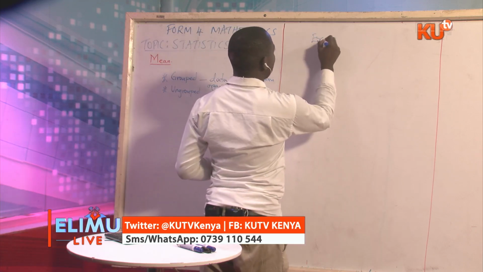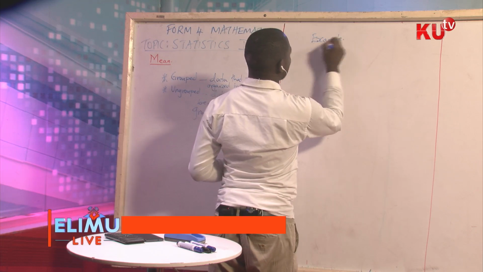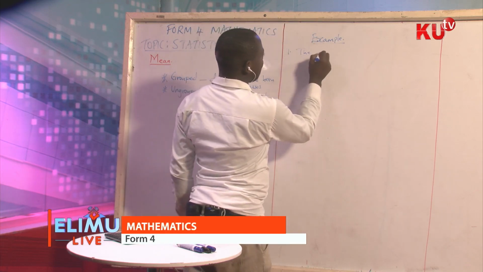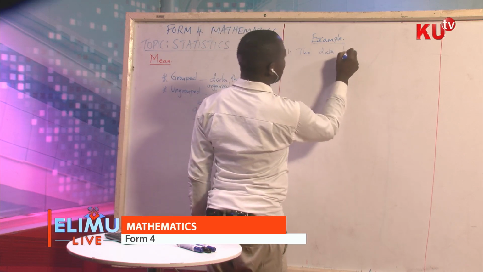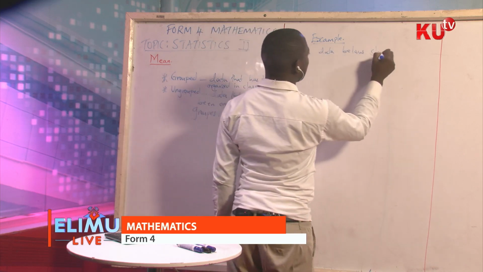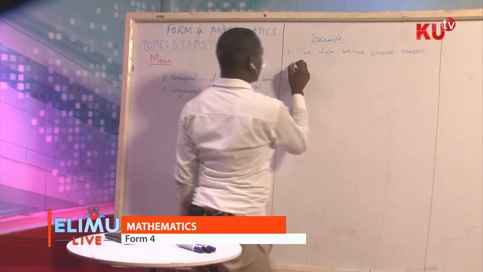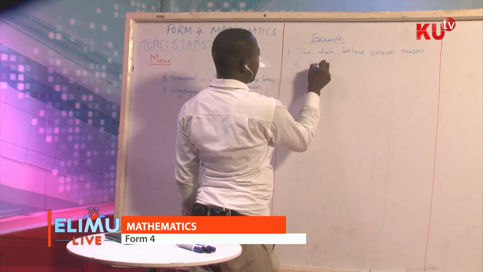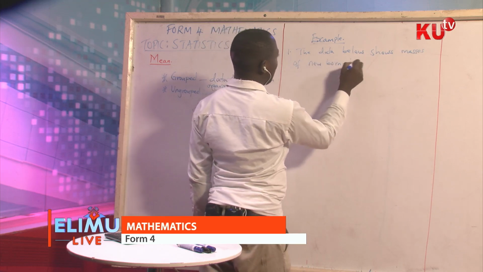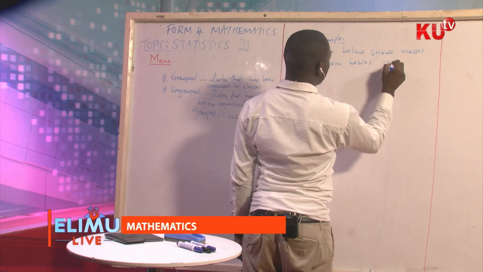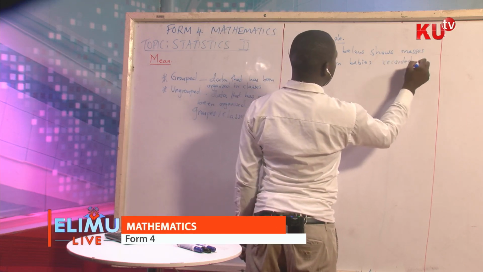Let's look at an example of the calculation of mean. Number one, you're told the data below shows masses of newborn babies recorded in a clinic.